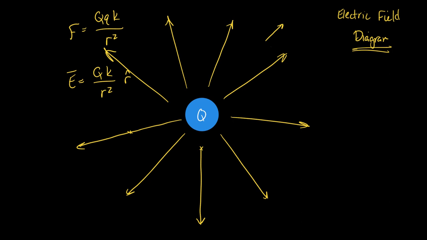So electric fields point from positive charges and to negative charges. We say that electric fields originate at positive charges and terminate at negative charges. That's the terminology.